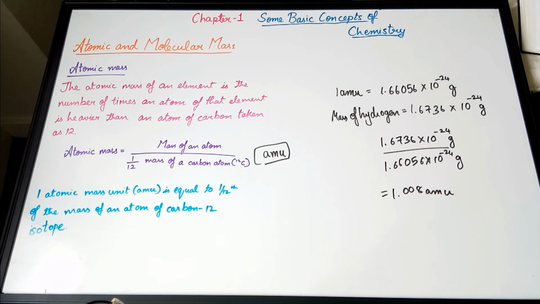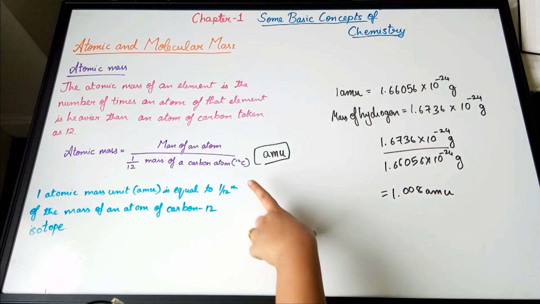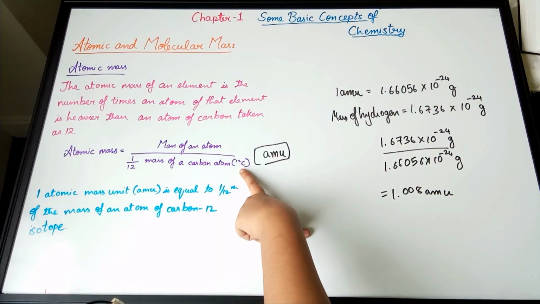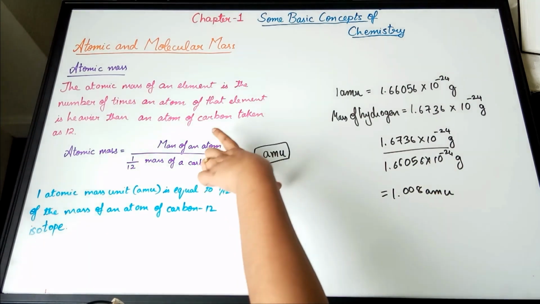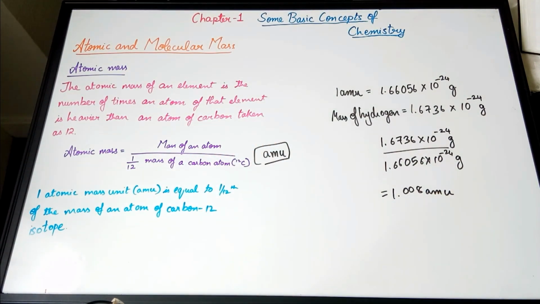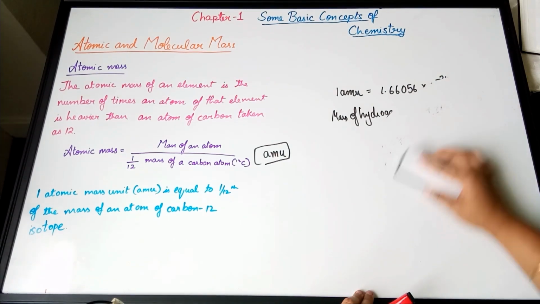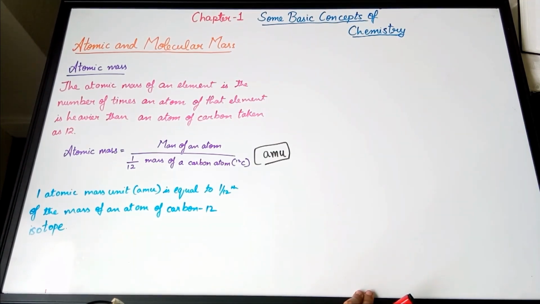The atomic mass unit can also be referred to as just U. Okay, let's go back to the definition. Here, if you notice, we have specifically written the mass of carbon as C-12. The reason we consider this is because carbon does not exist only as C-12.